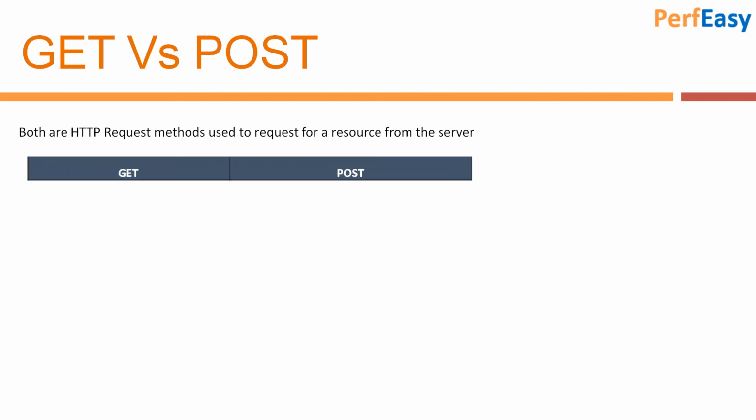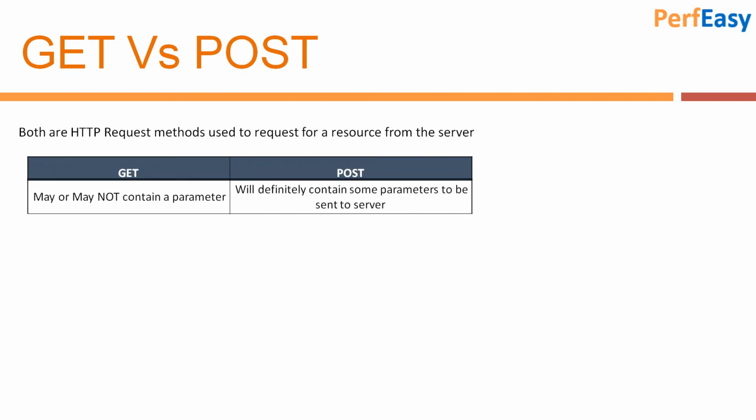Now let us talk about some differences between get and post. A GET request may or may not contain a parameter or a value as part of the request. We can just send a request for logo.jpg. It would not require any other data.